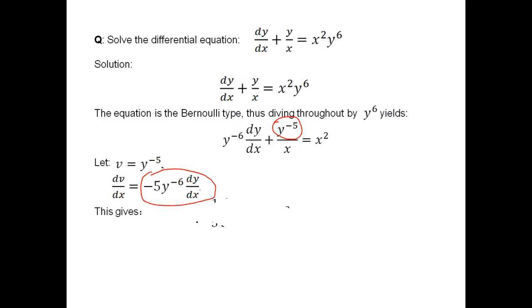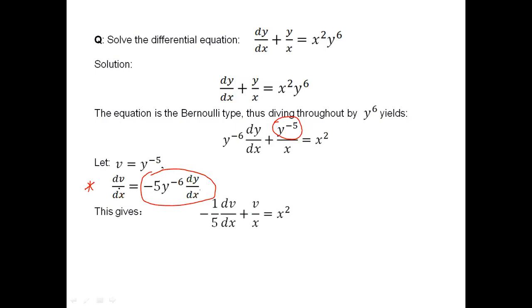Then from here, we divide both sides of this equation by negative 5 before we get back to the top.